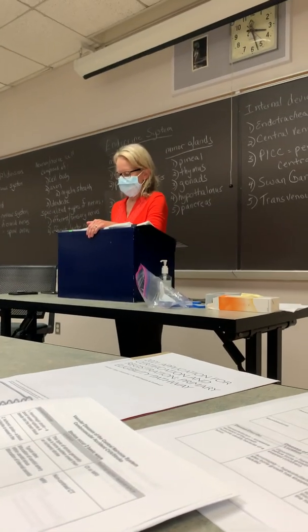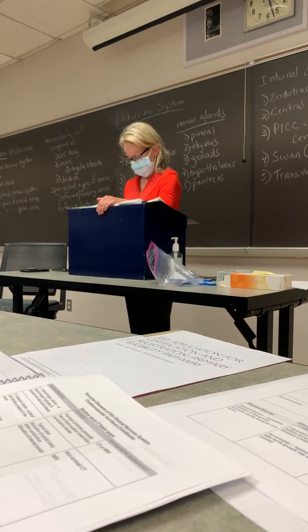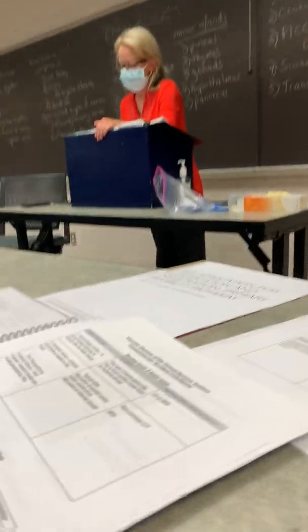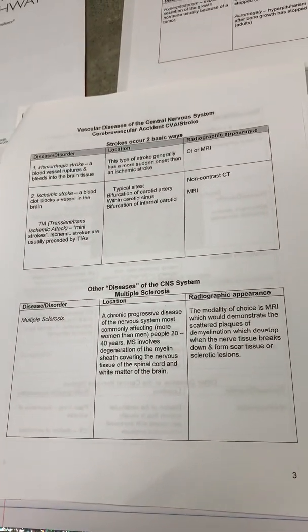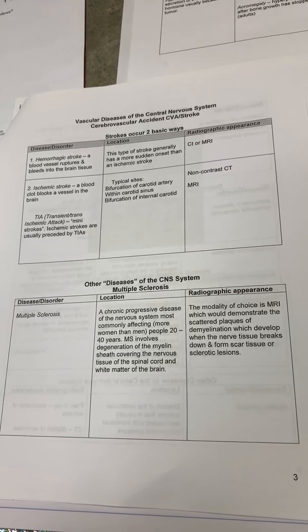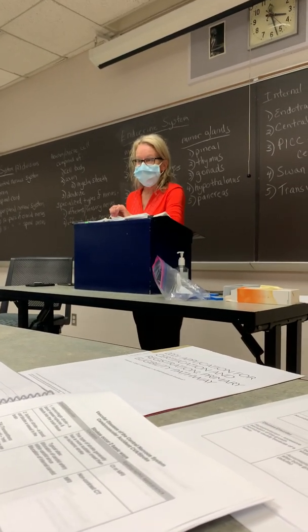Okay, vascular diseases of the CNS. First thing is something called a CVA, which is a cerebrovascular accident, known as a stroke. There are two main types of strokes.